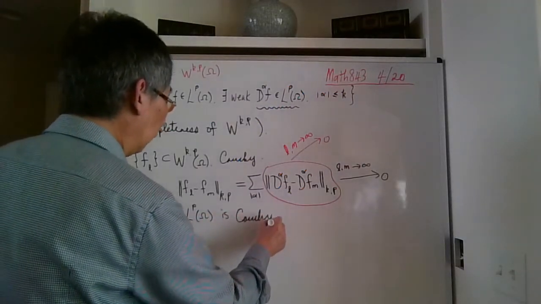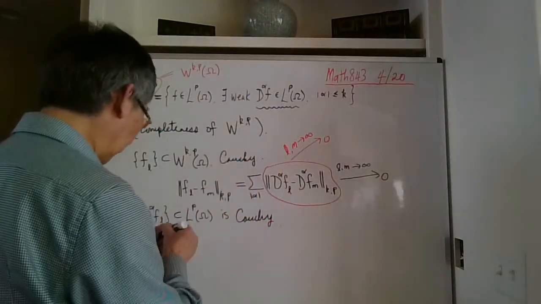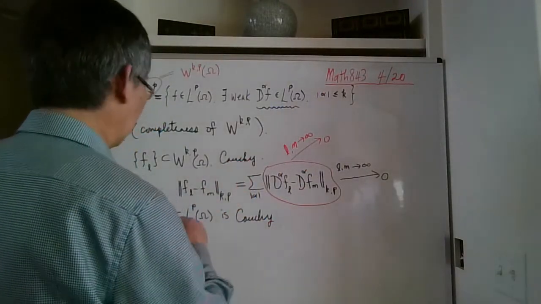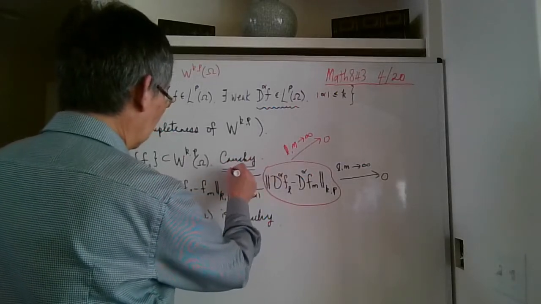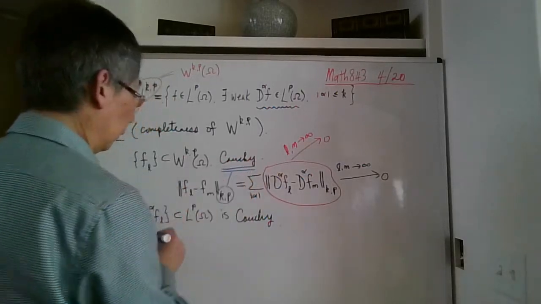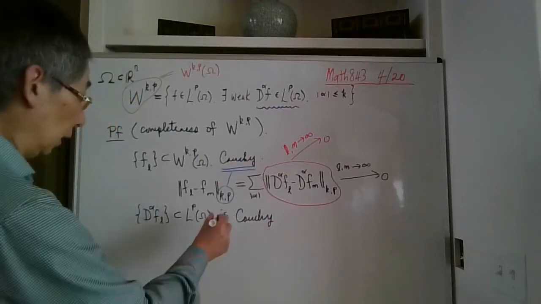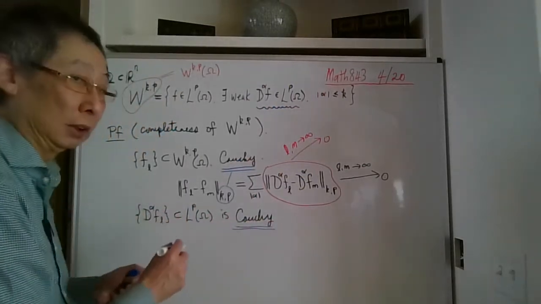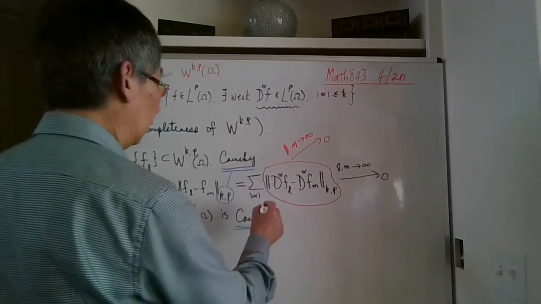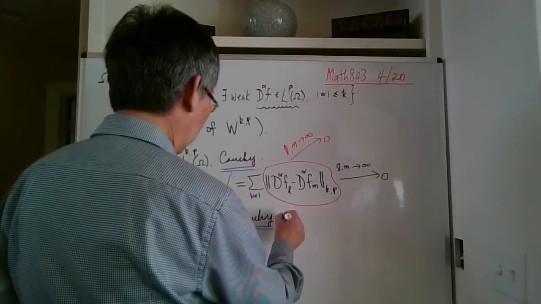These two notions of Cauchy are different. When I say the first sequence is Cauchy, it is Cauchy under the W^{k,p} norm. When I say this one is Cauchy, we're thinking of it as a sequence in L^p, so it is Cauchy in the L^p norm.